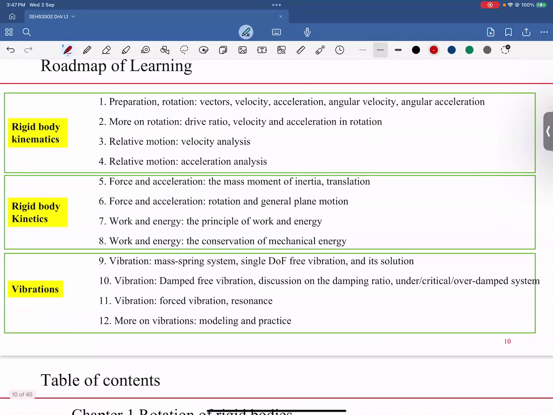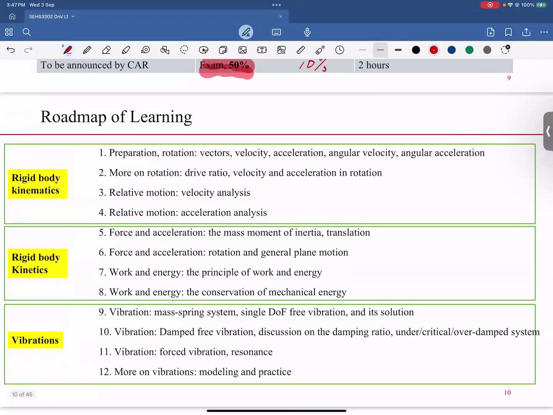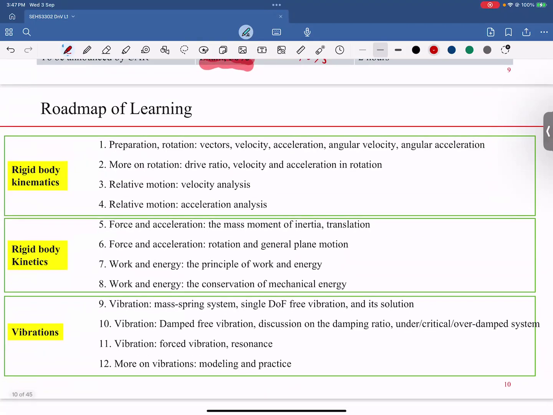Okay, the last part of this hour is the roadmap of learning. I just list the keywords of the three parts, and following this roadmap, you can check the necessary knowledge and skills to pass the assessment, or to check whether you have understood the tree, the structure of this subject.